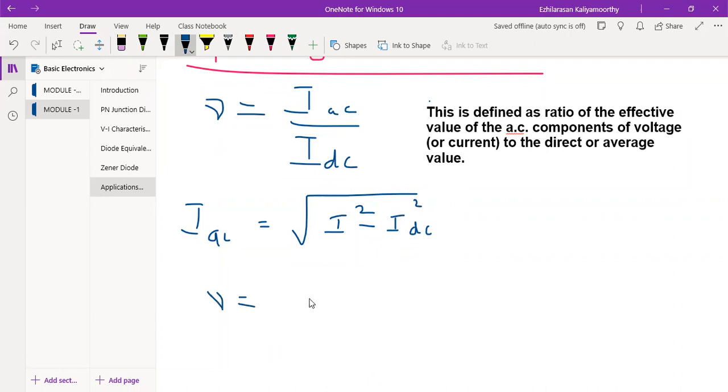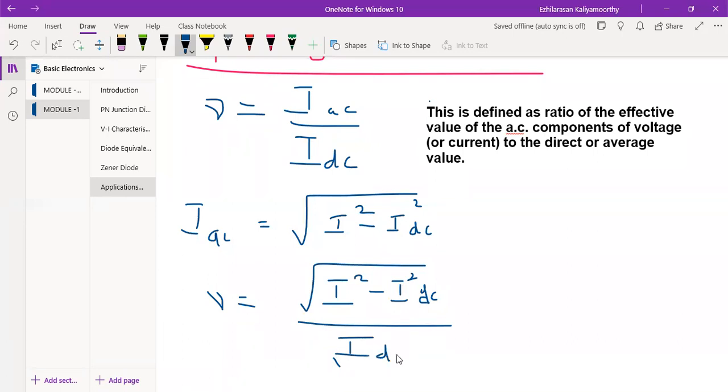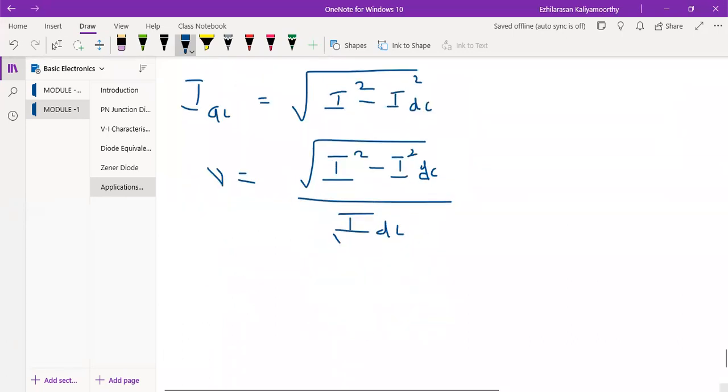Now let us go for gamma. Gamma is equal to the root of I square minus IDC square, divided by IDC. Now you need to simplify this.